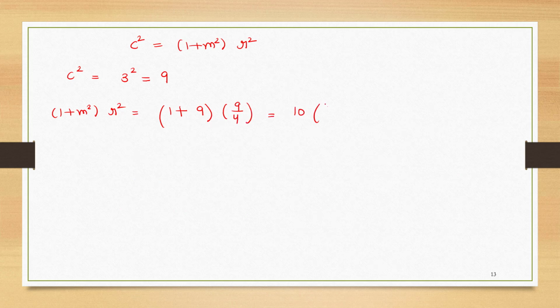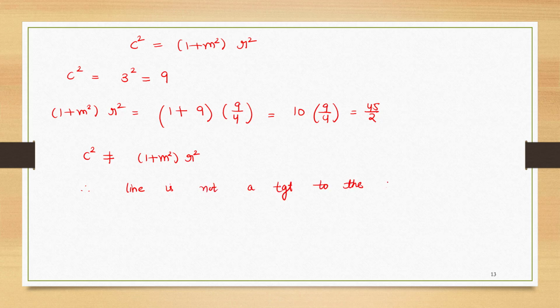So this is 1 plus 9 by 4, that is 13 by 4, times 9. So clearly c square is not equal to 1 plus m square into r square. Therefore, this line is not a tangent to the given circle, that is x square plus y square is equal to 9.